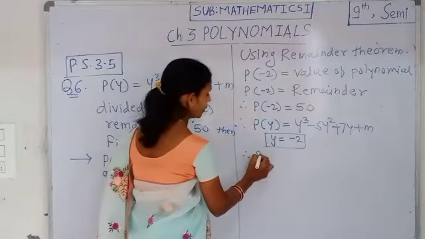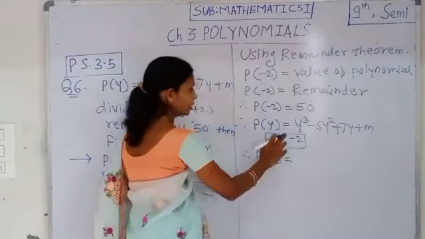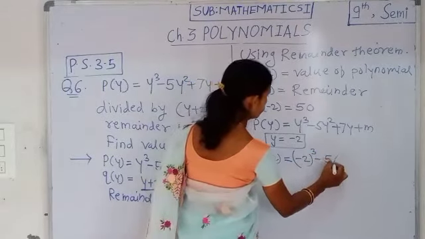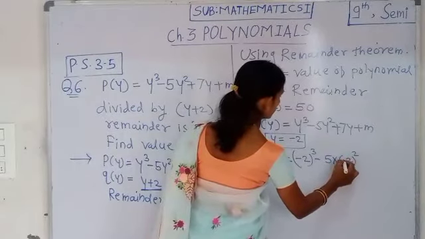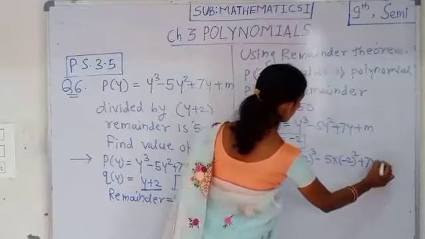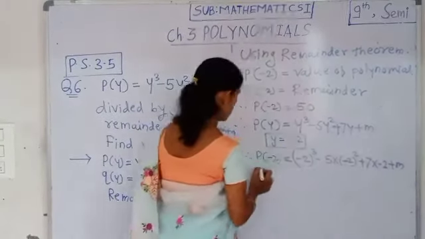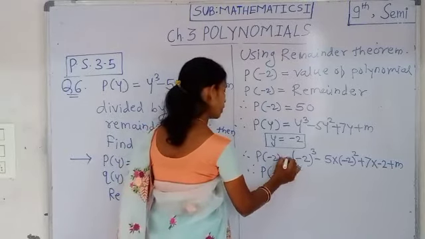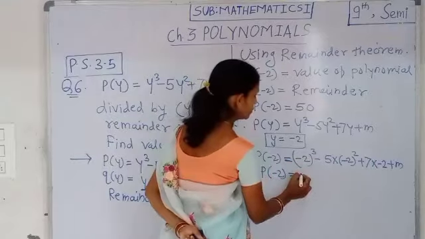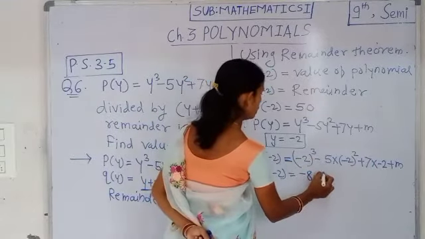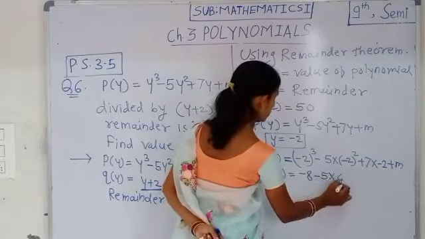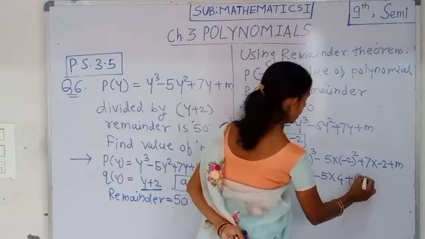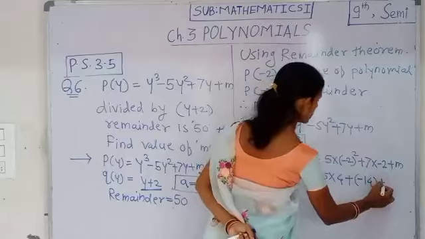Therefore, here p(-2) is equal to, then putting the value of y, minus 2 here, (-2) cube minus 5 into (-2) square plus 7 into (-2) plus m. Therefore, here p(-2) is equal to, see here, (-2) cube, that is minus 8, minus 5 into (-2) square, 4, plus 7 into minus 2, that is minus 14, plus m.